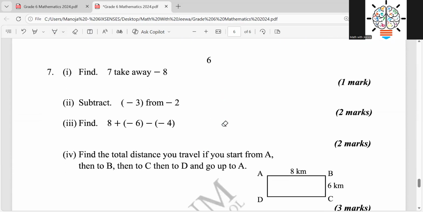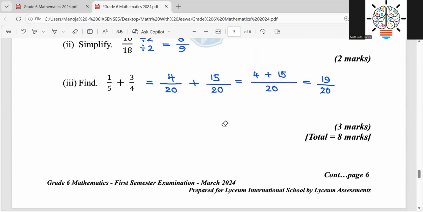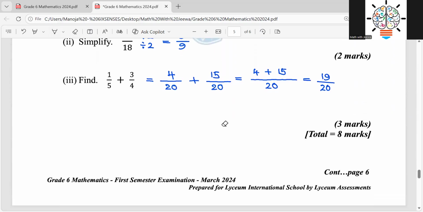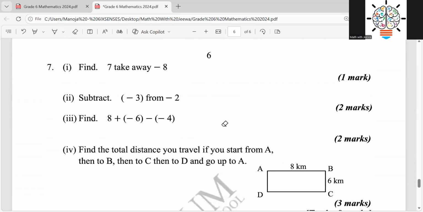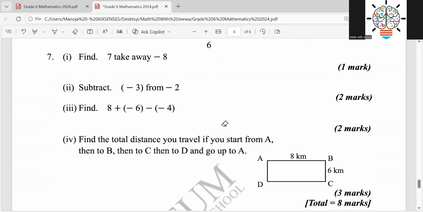Right. Then the next one, 7 take away negative 8. So then how do you write this? So you want to read the question carefully, children, right? So the question number 7, then 7 take away negative 8.